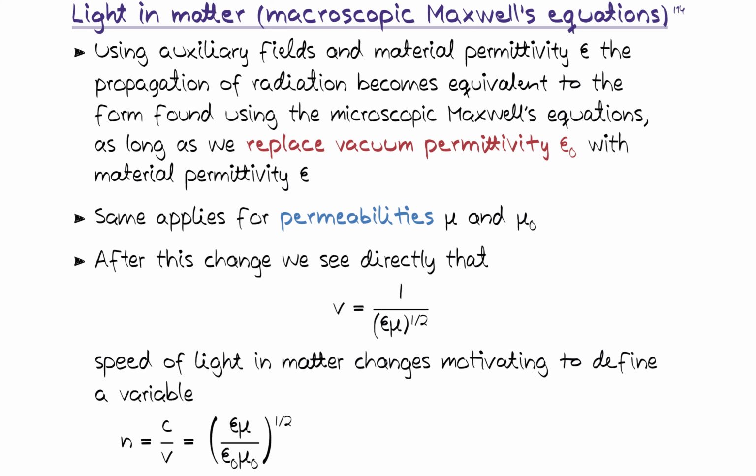Most of the time, the permeability of my optical material is essentially mu naught, so the magnetic properties are weak, and I can approximate that the refractive index is essentially the square root of epsilon divided by epsilon 0.